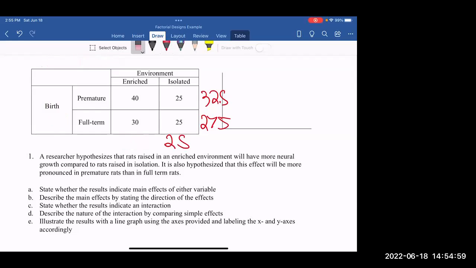And the procedure as far as trying to see if there's an interaction is we're going to look at the simple main effects. So we're basically going to look at the different levels of one independent variable for a single level of another independent variable. Okay, so what do I mean by that?